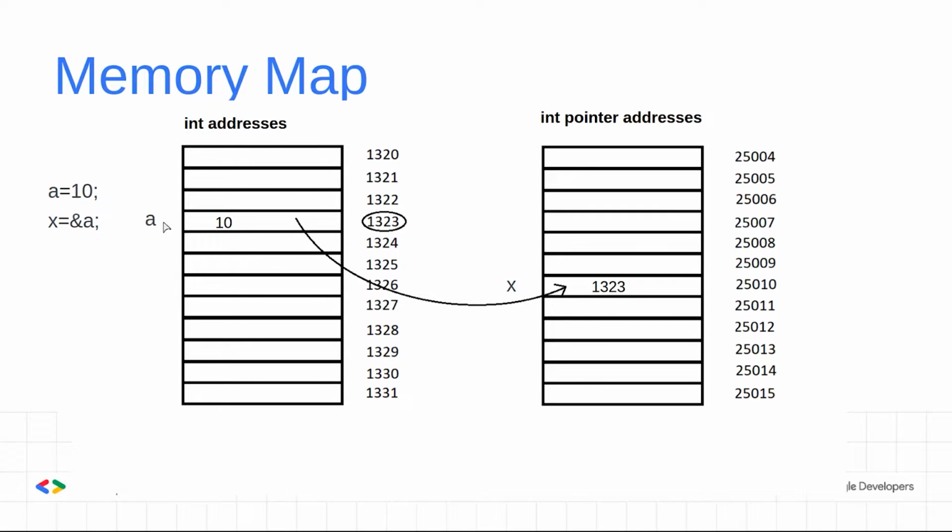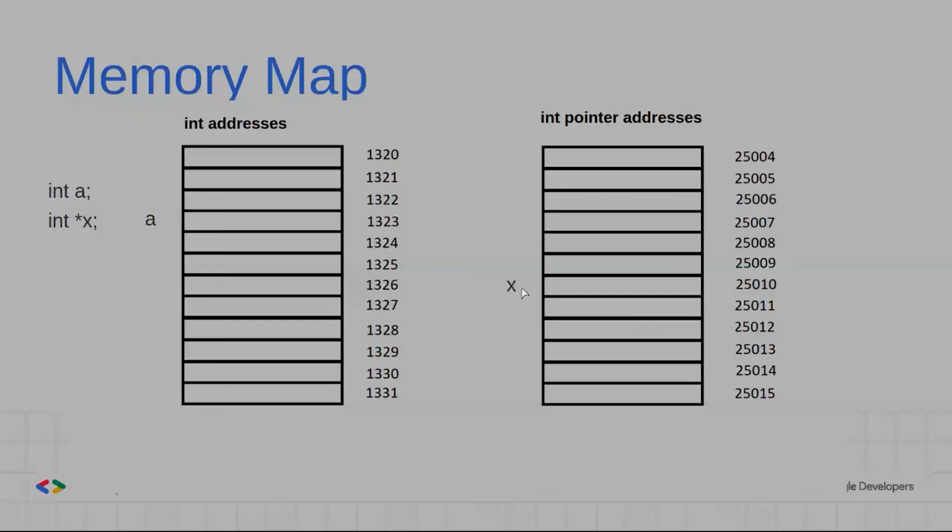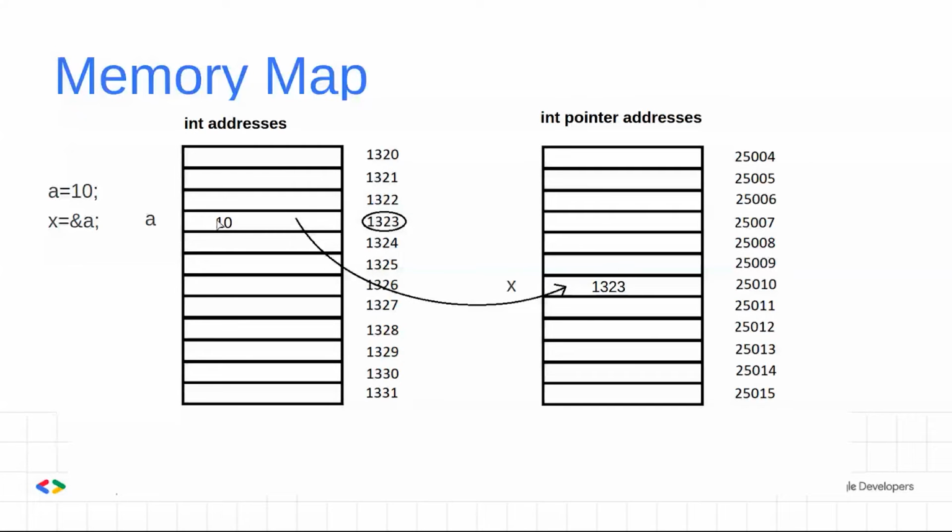This is our a, the address is 1323, and this was our x from the previous slide. And then when I say a is equal to 10, I am storing 10 in this location, and when I say x is equal to ampersand a, the thing that gets stored in the location that is assigned to x is the address of the variable a.